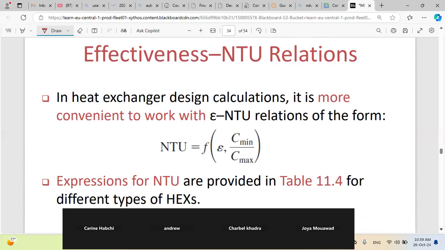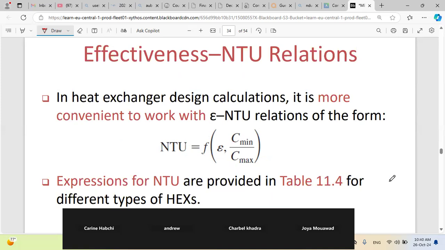So in case the area of your heat exchanger is known and you want to calculate, let's say, temperatures, you can use the method epsilon as a function of NTU and A. On the other hand, sometimes it's the opposite. Sometimes we know epsilon and we need to find the area.